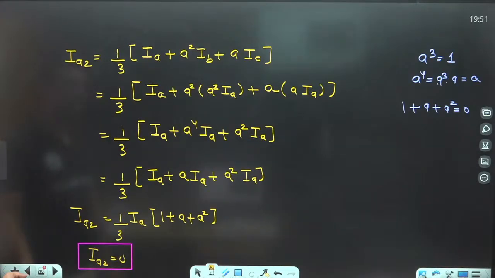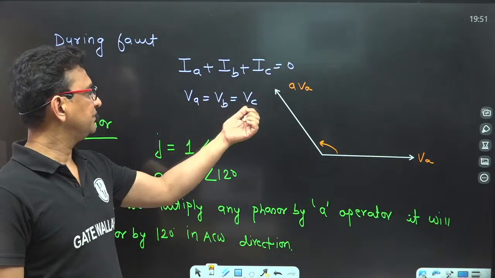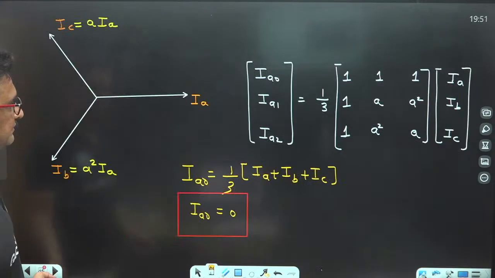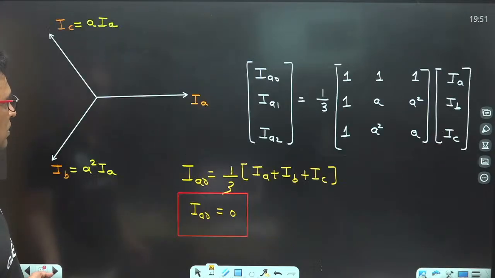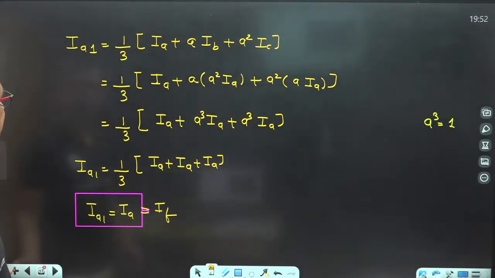Okay, so see, VA, VB, VC. Let's find out the value of VA1.